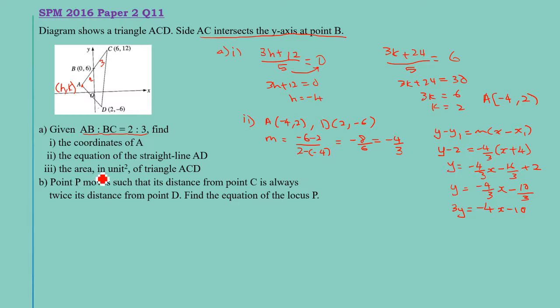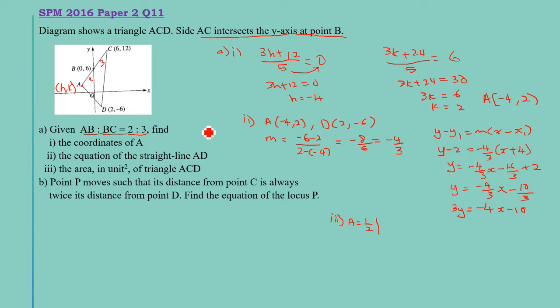Part 3, area of the triangle ACD. So ACD is the 3 points here. Remember the area of a polygon, how does the formula work? The same way. So for part 3, area is given by half. Arrange your points in the order ACD, or you can put it ADC.